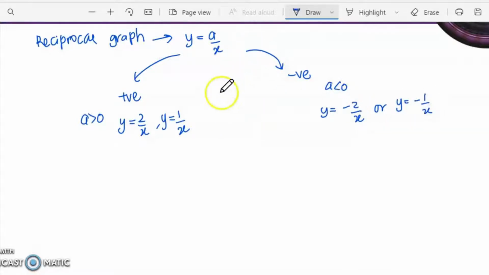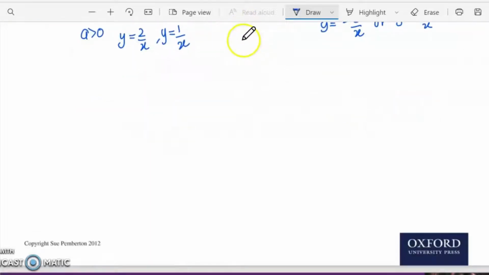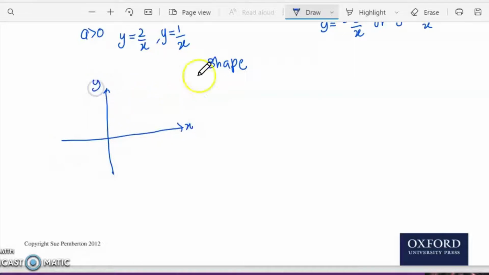The shape for these two types of graph: for the positive one, it will start at the positive part and end at the negative part. It looks like this.